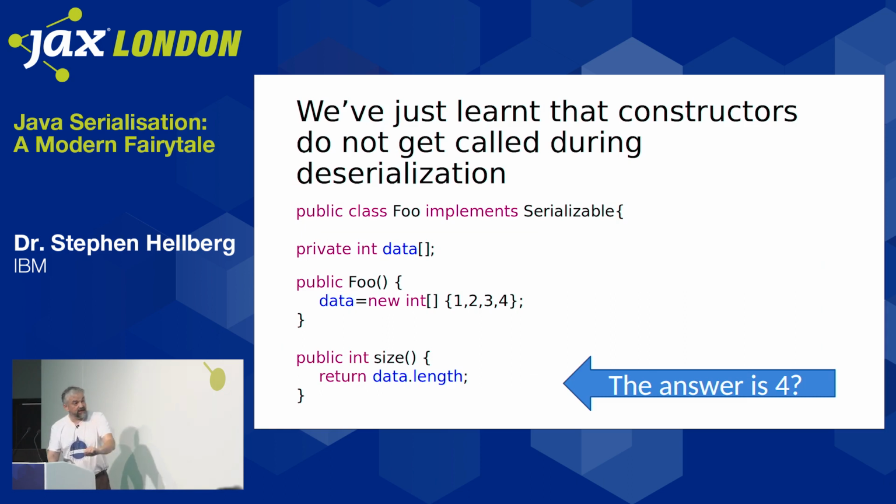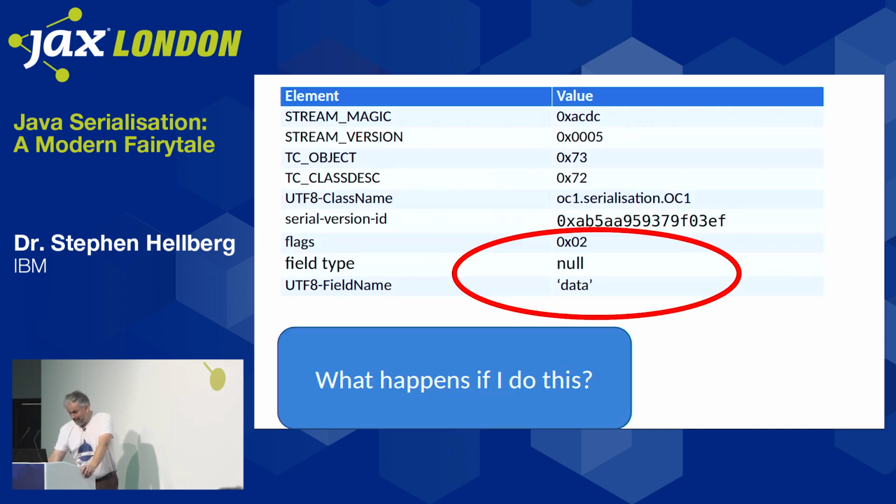On the receiving side, if we call size, is the answer going to be 4, or is it going to be something else? Actually, if I can disturb that stream, and I didn't put the pre-initialized data value, if I put something else, like a null in there, what happens now?